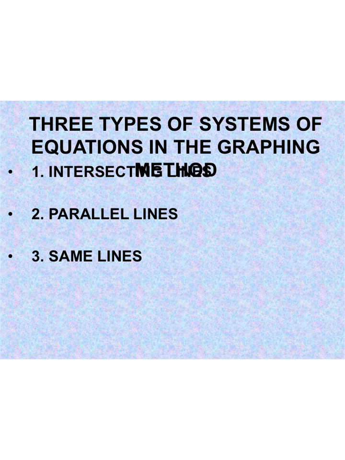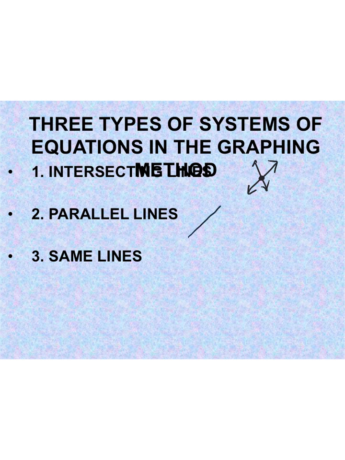All right, the three types of systems of equations that you have in the graphing method. The first one is intersecting lines, the second one is parallel lines, and the third one is same lines. Intersecting lines are two lines that cross each other at one point, and that point is your solution.